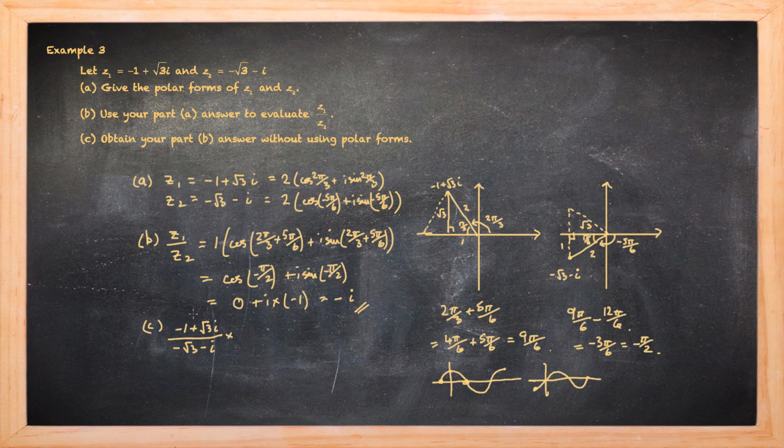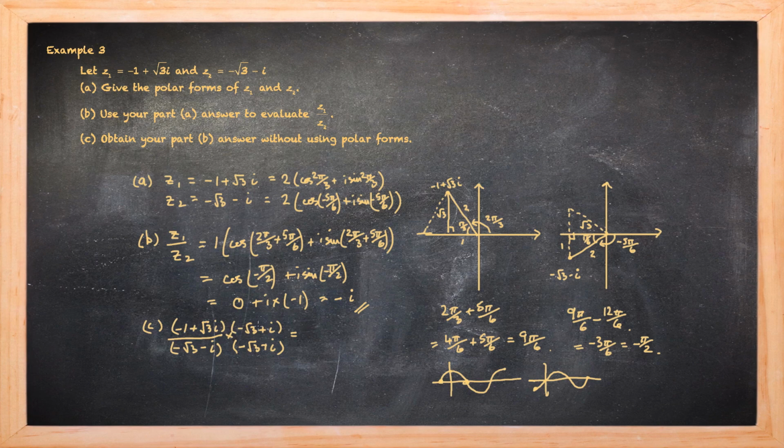And the only way of moving forward with this is to multiply top and bottom by the complex conjugate of the denominator. So the conjugate of the denominator is negative root 3 plus i. So we'd be attempting to multiply top and bottom by that complex number. So let's see how that goes.